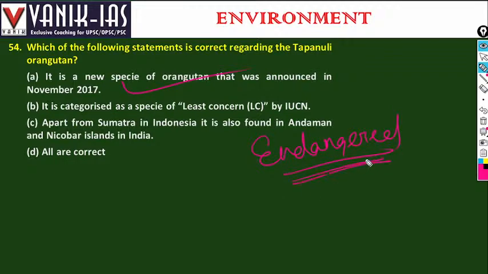Then, apart from Sumatra, Indonesia, is it also found in the Andaman and Nicobar Islands in India? No. Tapanuli orangutans are found in areas like Sumatra, Indonesia, those regions. So only one option is right. A is the answer.